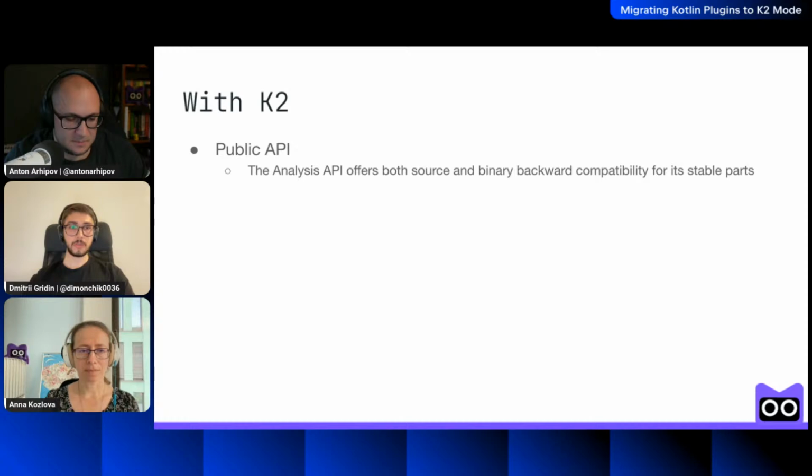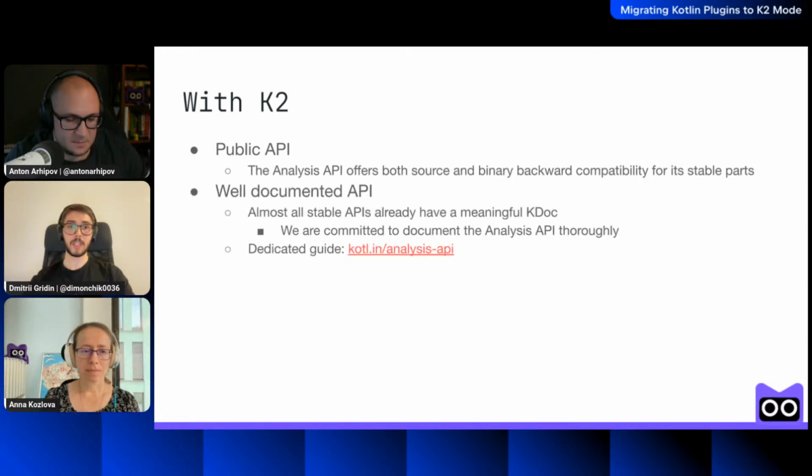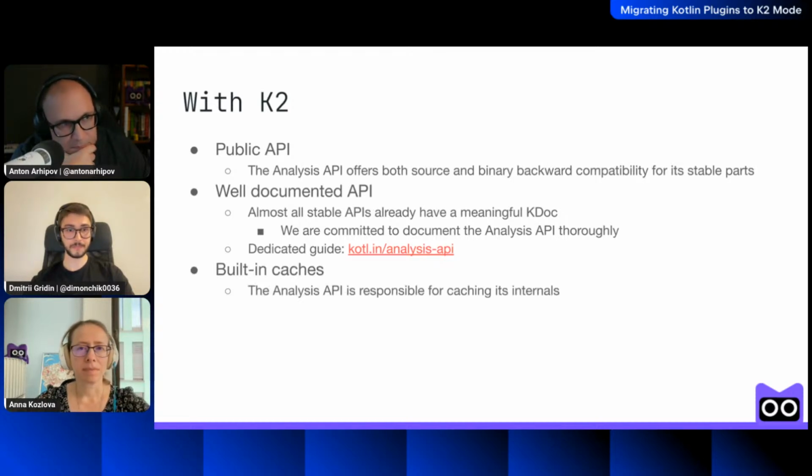And with K2, we have a public API. The Analysis API offers both source and binary backward compatibility for its stable parts, and it's well documented. Almost all stable APIs have meaningful KDocs, and we even have dedicated guides, and we will improve everything in the future, sure.